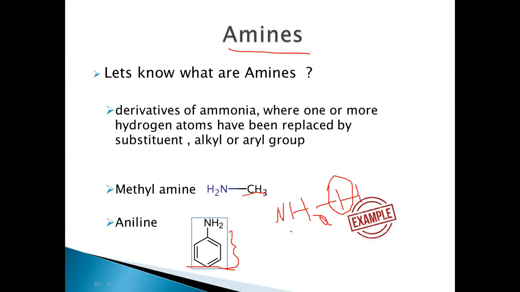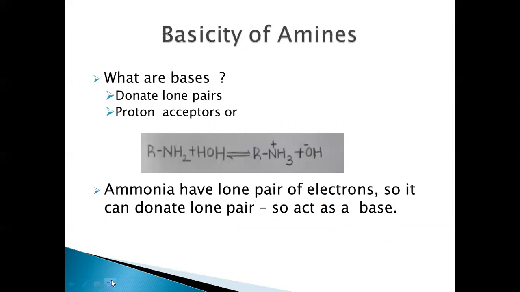If the H of ammonia is replaced by an alkyl or aryl group, then those are called amines. So these are the derivatives of ammonia, where the hydrogen is replaced by an alkyl or the aryl group. Those are called amines.